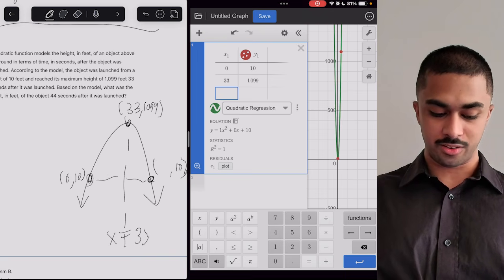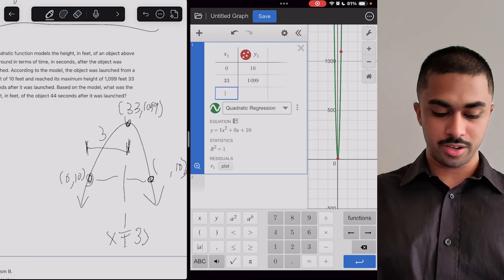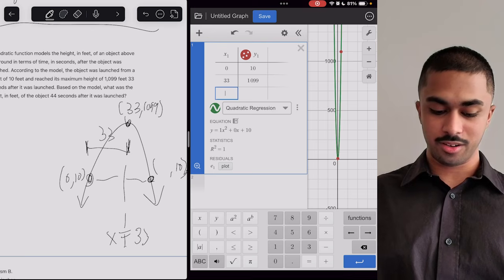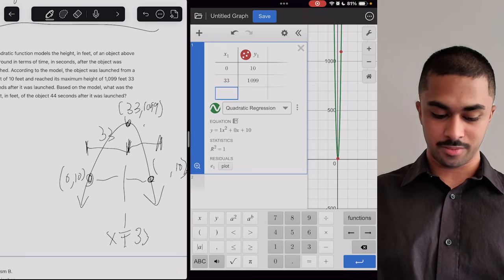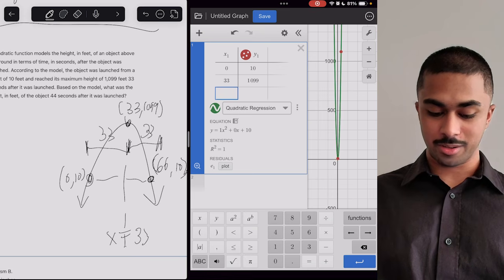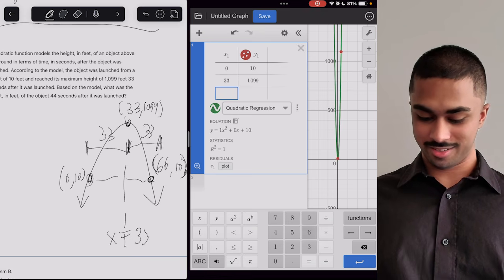How do we find the x value? Well, it's pretty simple. This point is 33 units from the vertex, because the x value is 0 here and the vertex is at 33, so the mirror point has to be another 33 units away. That's honestly the best way I can explain these mirror points. So if you didn't get it, I'm sorry.